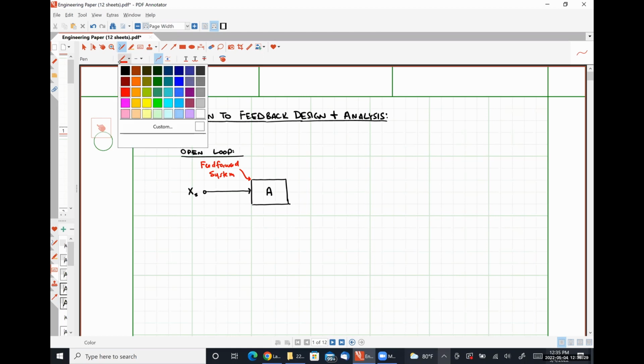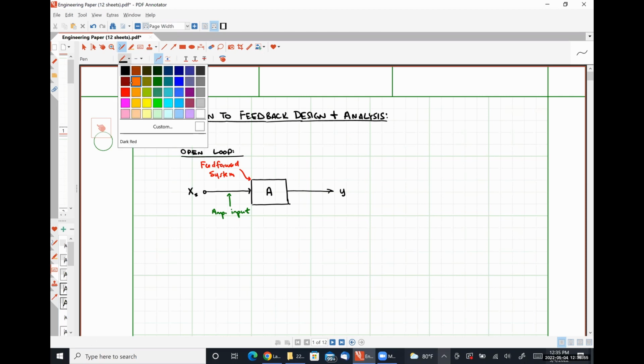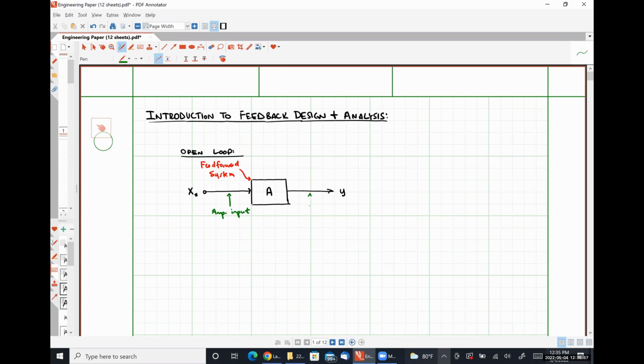where this terminal represents the amplifier input port. And on the right-hand side of the amplifier, we measure some output Y, where this terminal is the amplifier's output port.